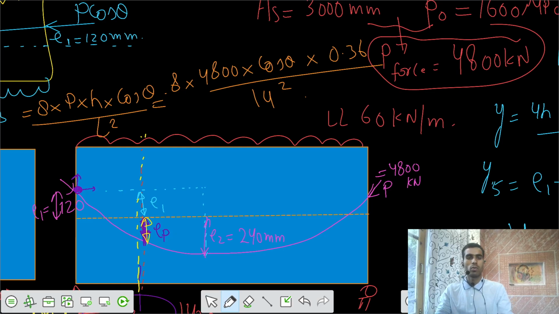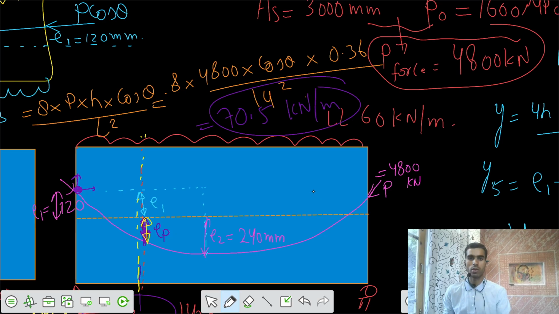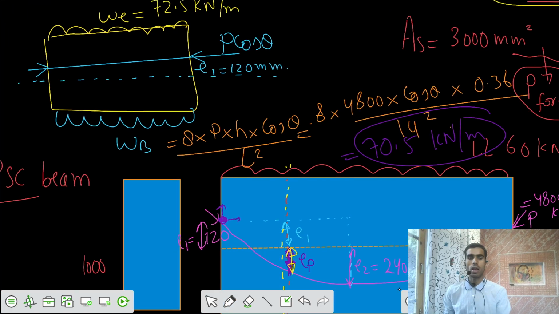So your final value would be 8 into P into cos of theta, then H divided by L square, 14 square. So you got the total intensity as 70.5 kilonewton per meter, and it's upwards.